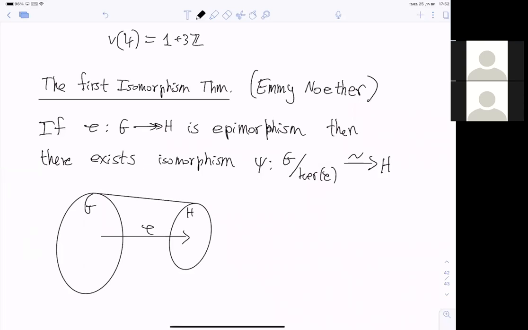Of course, it's not mono. So think of the pre-image of e_H. We call it the kernel.